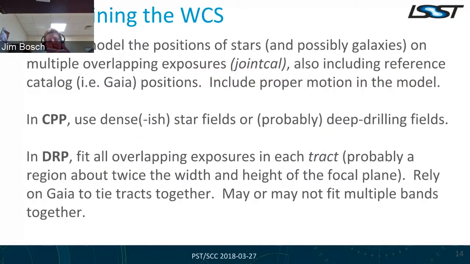And because we're going deeper than Gaia, we will have stars between Gaia stars, and we will have to constrain the coordinate transforms on those scales, because the atmosphere is doing things on those scales. But we really do expect to trust the Gaia positions to really nail things down above that.